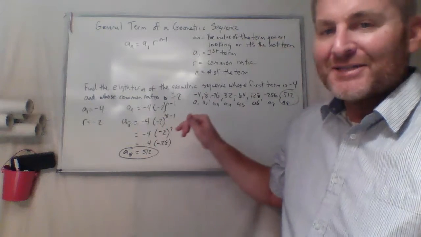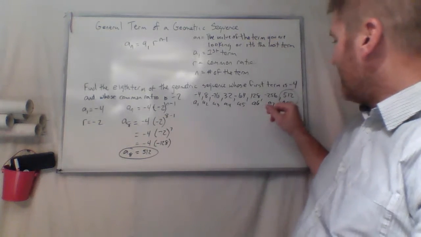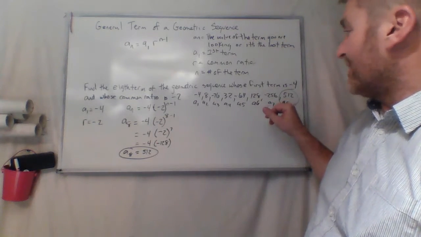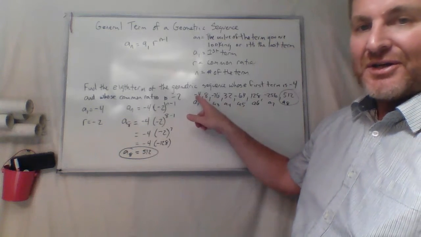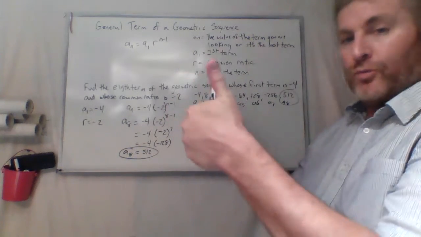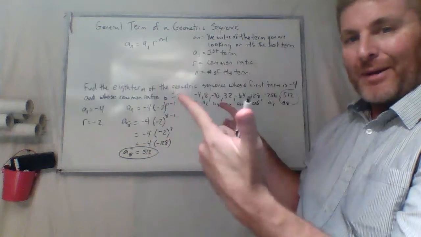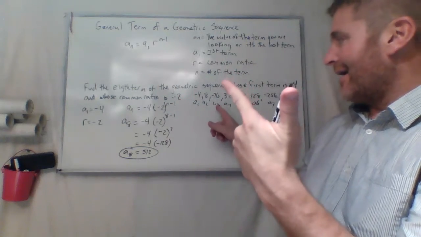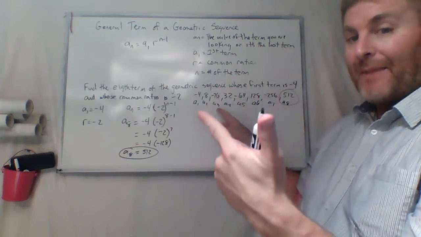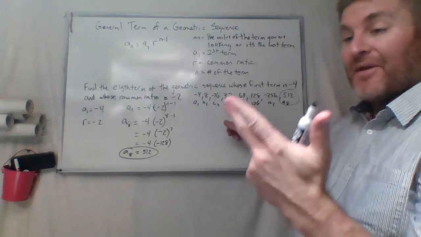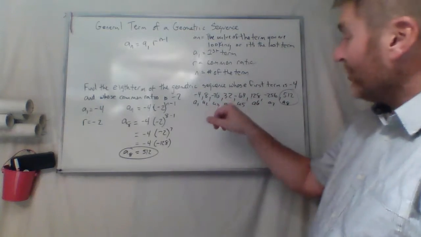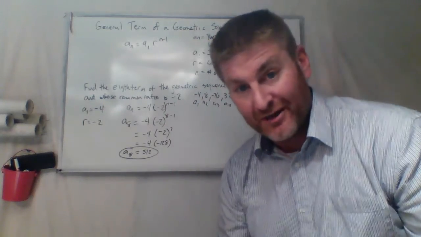But I've also seen kids miscount, or make this term number 9 or 7 because they forget to count the first term. So they go, I multiply by -2 once and I get -8. Multiply by -2 again and I get -16. Multiply that by -2, I get positive 32. And they're only on the third term, where that's your fourth term, because they forgot A1 was -4.